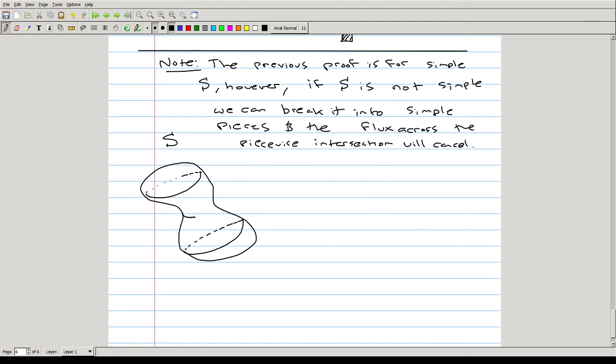We can introduce a cut, which we'll call M, the surface that's bounding these two pieces. We call the top piece S1 and the bottom piece S2.